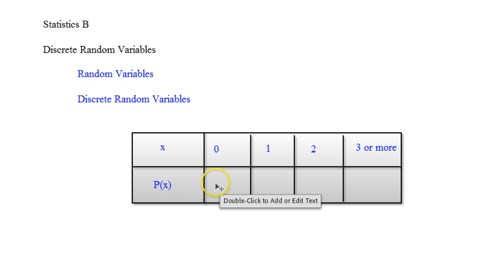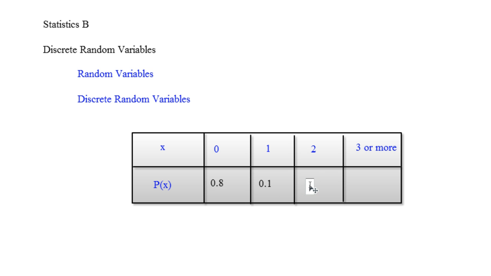Okay, so in other words, let's say that a player probably would not hit a home run about 80% of the time, so this would be 0.8. Okay, they'd probably hit a home run about 0.1 of the time.